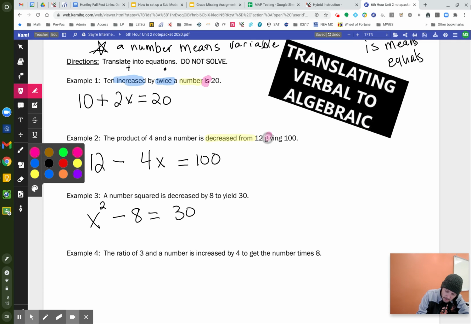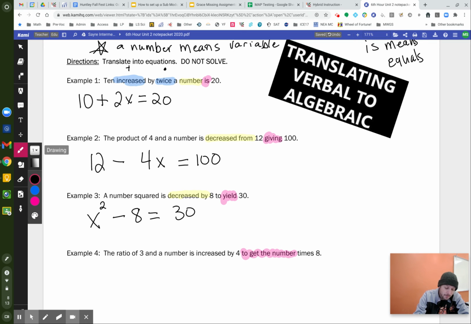So is, giving, yield, to get the number. Okay, so those things mean equal. And I talked about this one too, decreased by. So when it's decreased by, the numbers go in the order that it says. When it says decrease from, you switch the order.